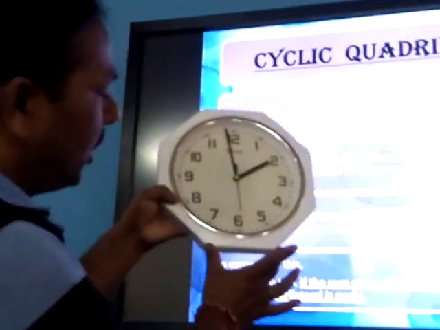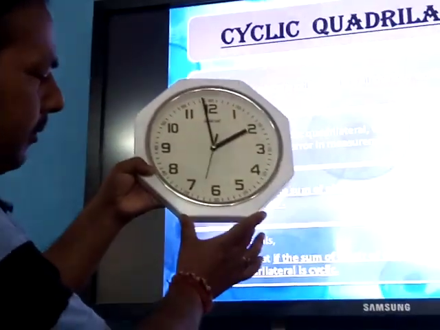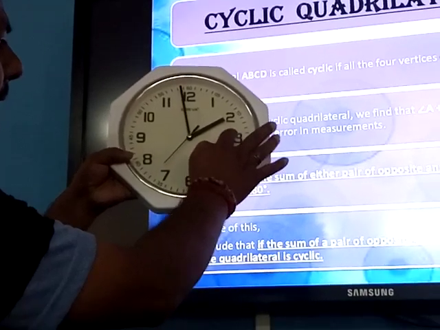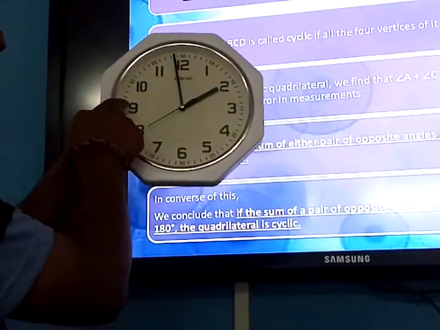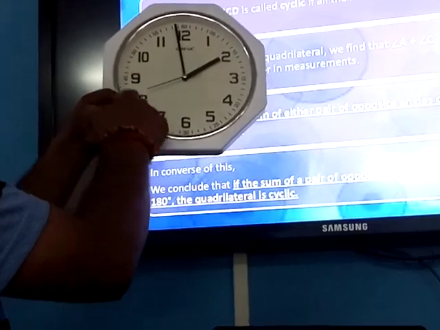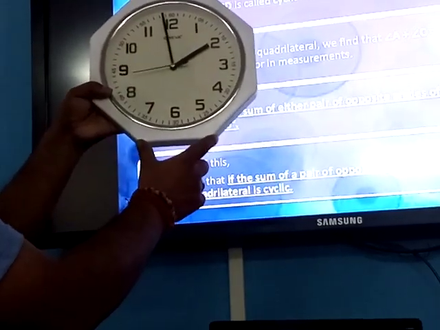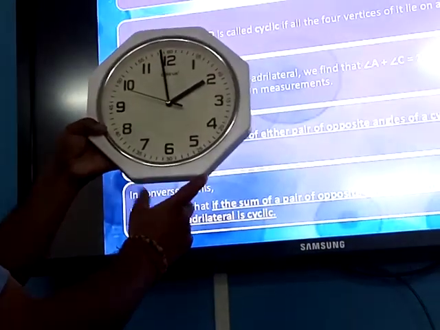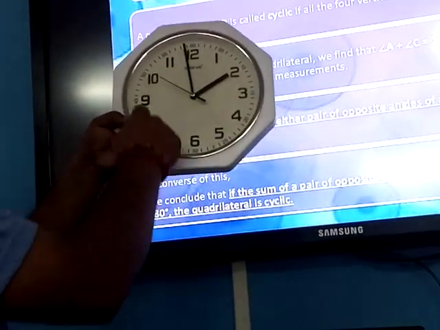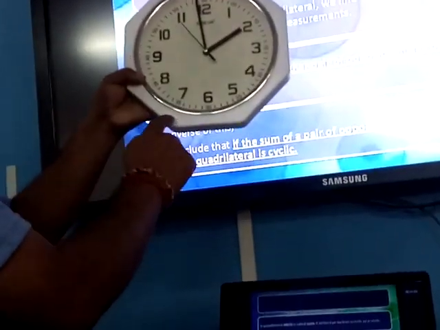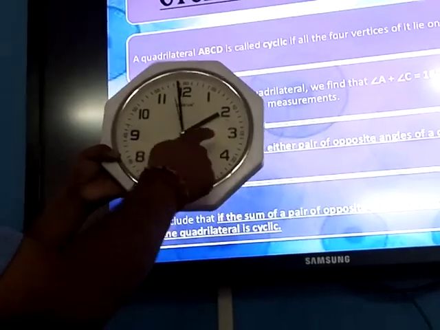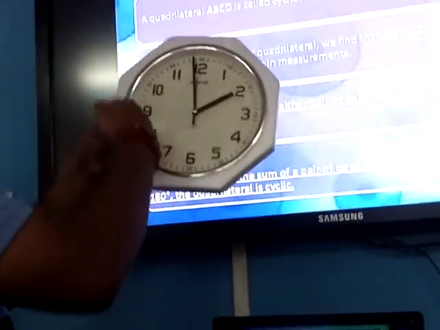If this is the base, 2 points, and 1 point is at 3 and 1 point is at 9. When we join 9 to these 2 points and 3 to these 2 points, 2 angles form. If the angles at 9 and 3 are equal, these 4 points are known as concyclic.